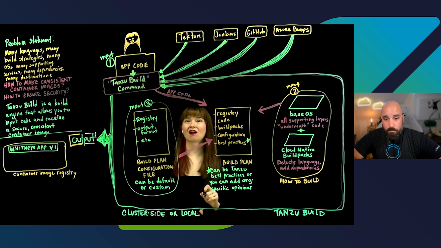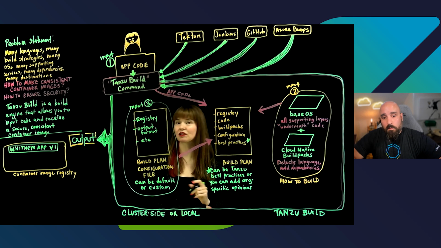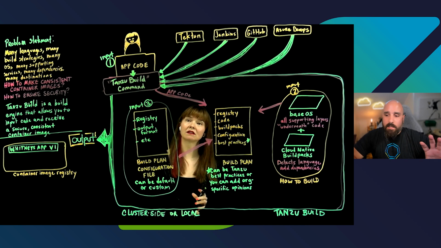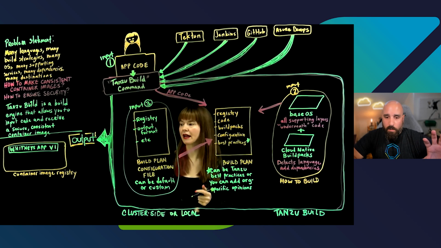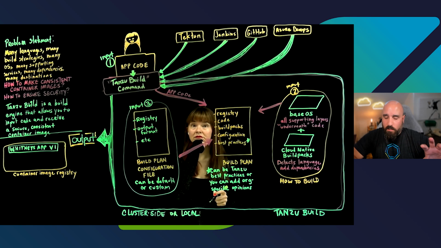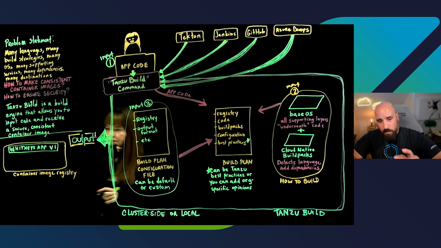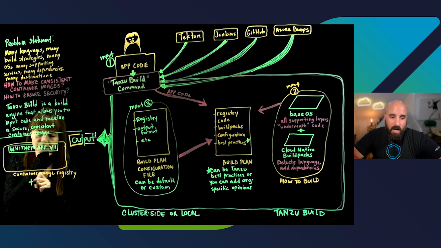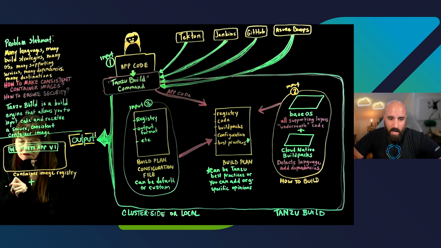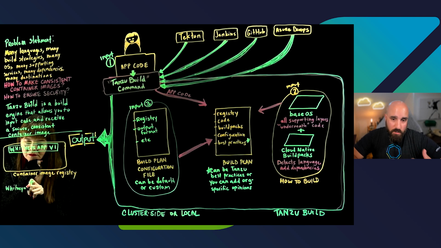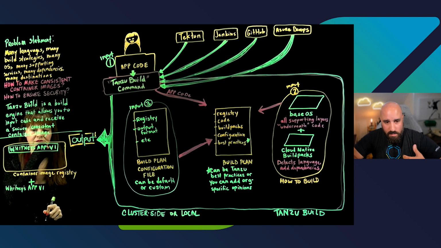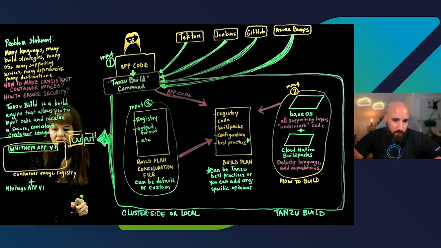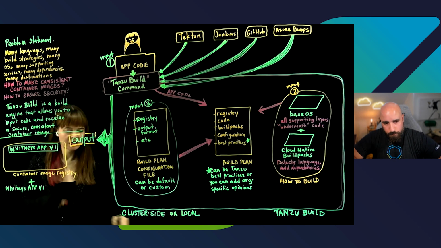Is there another artifact registry it pushes that configuration file to? It's creating an artifact based on the location that you build. It will create an artifact either locally or on the cluster side, but it will create the artifacts to deploy that container image. The artifacts will change based on the configuration from that build plan we've talked about, because it can be either Kubernetes or Carvel or something else.